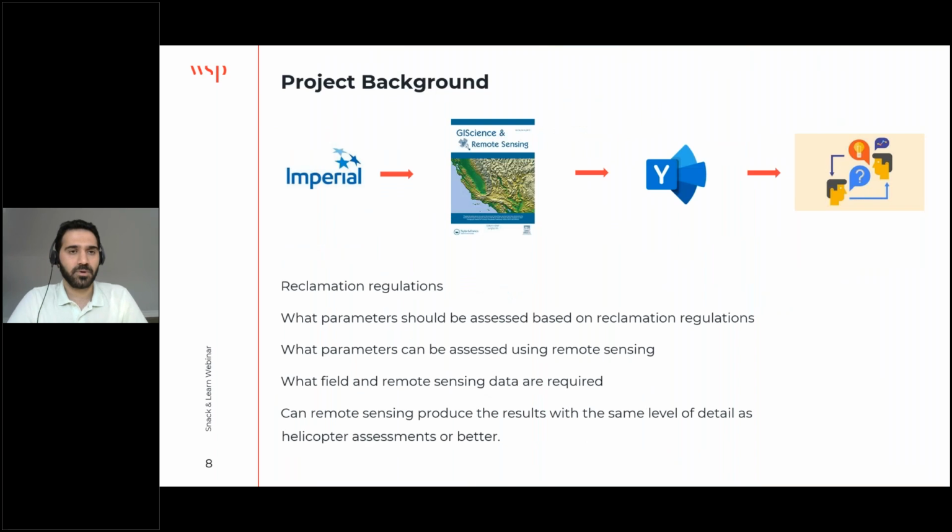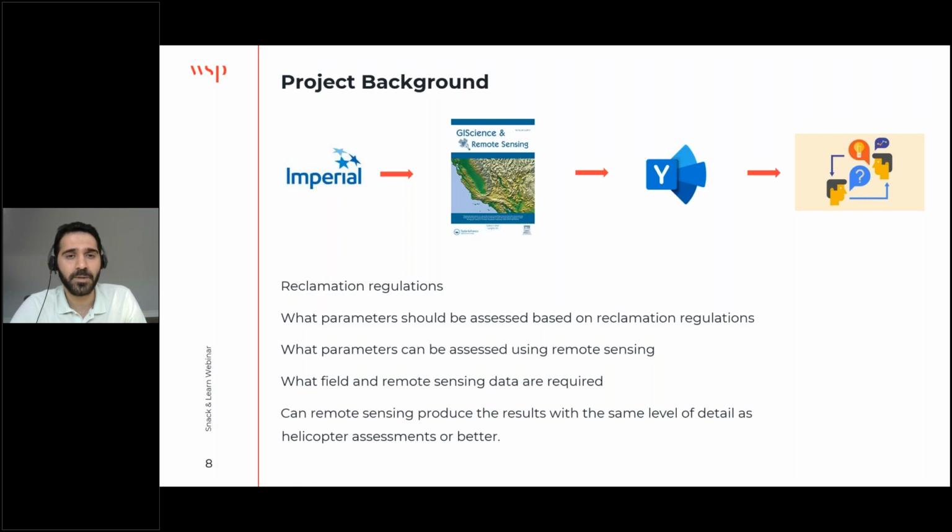Okay, now let's talk about the project background. As I mentioned, there were some companies looking for these remote sensing technologies. Our client was also looking for this remote sensing technology for reclamation success assessment. I believe since 2015, they tried a couple of things, but they couldn't come up with a solid model.